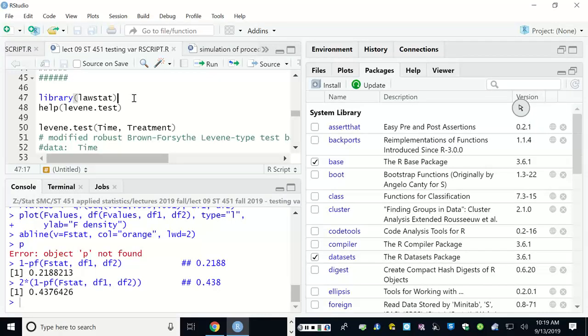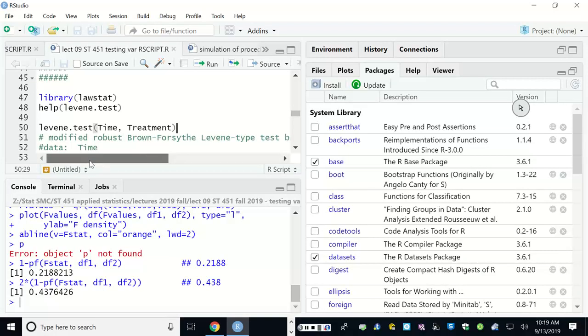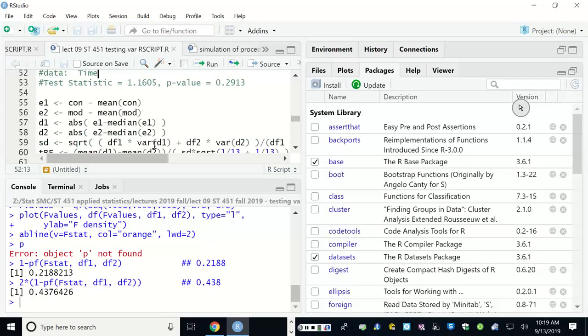And then you get the help, you can run it, and to run it you just put the time and the treatment groups that are there, and it tells you that it's doing a modified robust Brown-Forsythe Levene type test based on the absolute deviations from the median, right? Which is kind of what we did, right? But that's the long name for it.